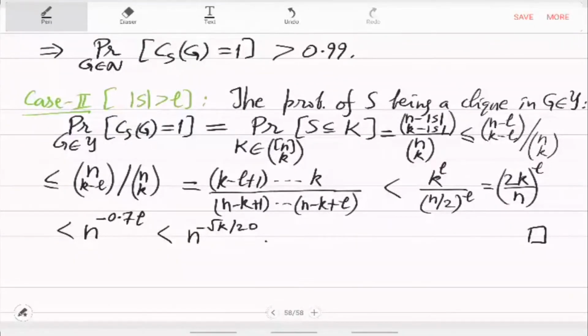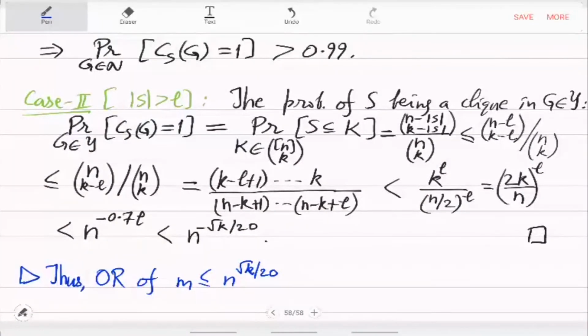So what we have shown is that, actually maybe we will give the proof.